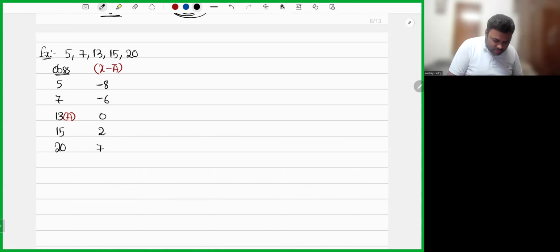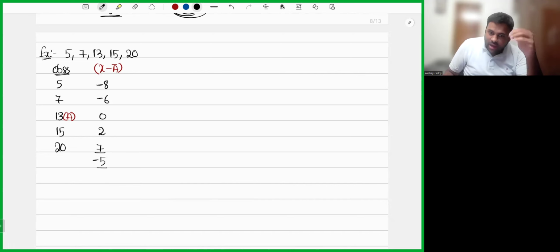Now 7 plus 2 minus 6 minus 8. Is it equal to 0? No, it's equal to 5. If your mean were correct, it would be 0. Since your mean is not correct, it is 5.